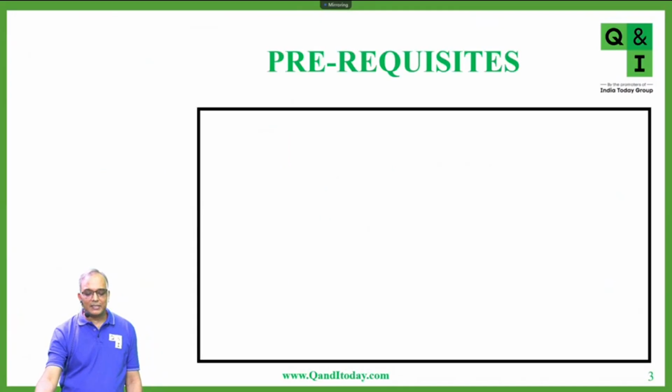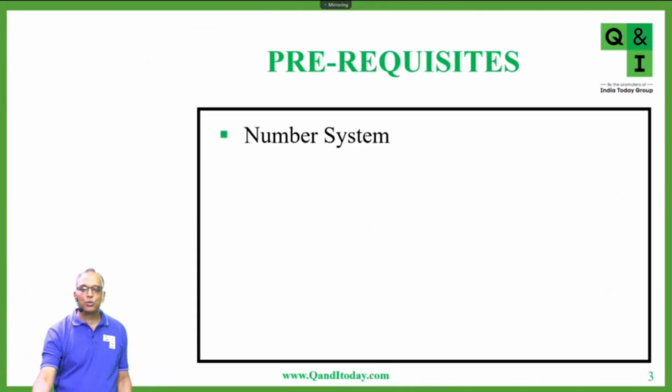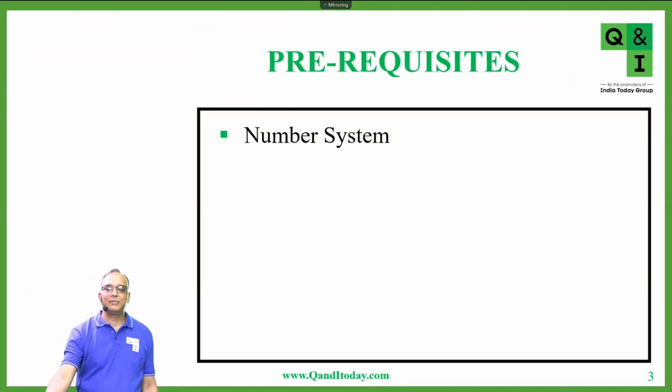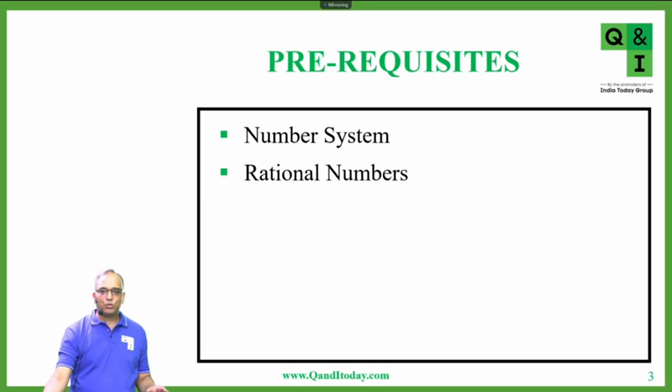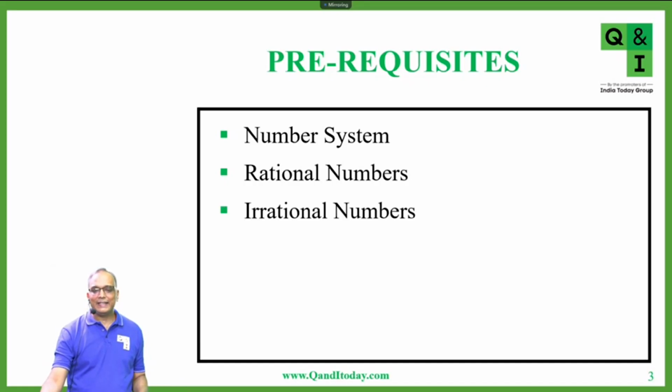So number system. The prerequisite for today's class is that you should know the basics of the number system, that is natural numbers, whole numbers, integers, rational numbers, irrational numbers, as well as real numbers. You should also know the properties of rational numbers, what rational numbers are, and then the irrational numbers.